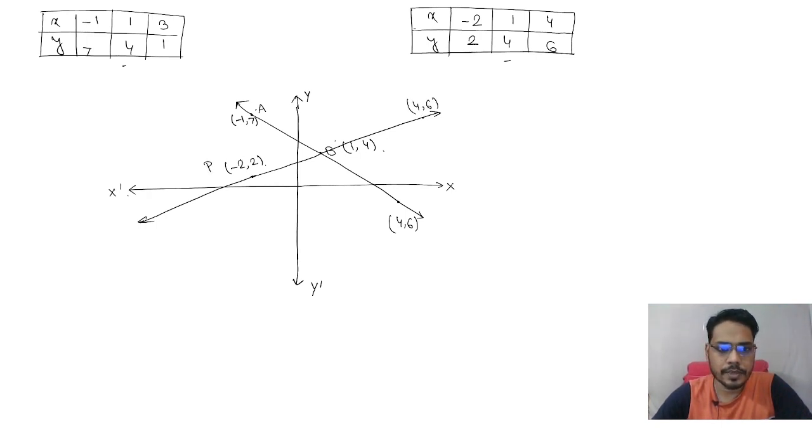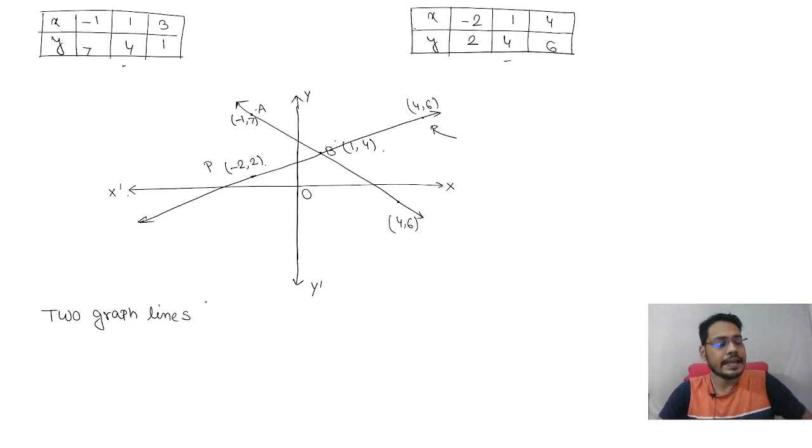So you can give their names P, Q, R. That means you can say that two graph lines intersect each other at a point that is B, 1 comma 4.